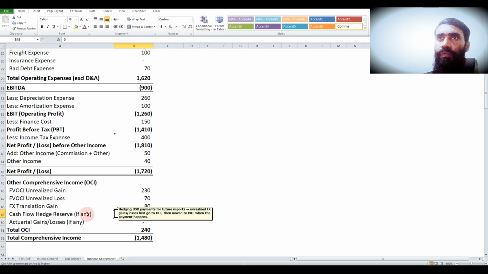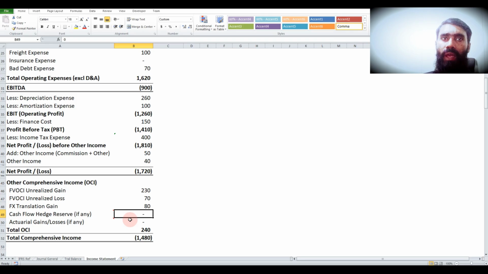Now the cash flow hedge reserve. Hedge USD payment for future imports: unrealized fixed FX gains and losses first go to OCI, then move to P&L when payment happens. Here I didn't have any hedge reserve, so I didn't post this one.